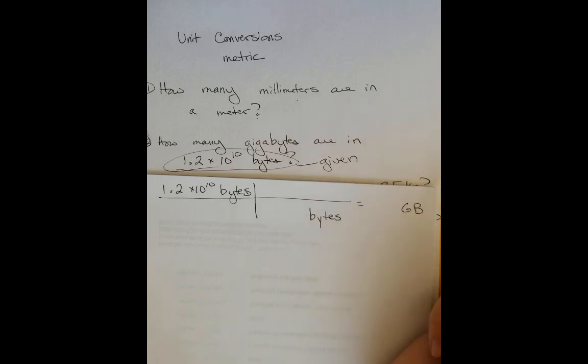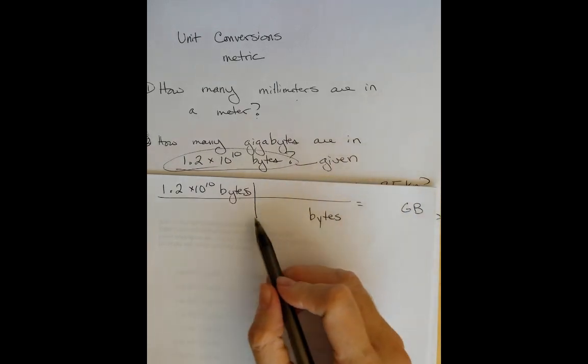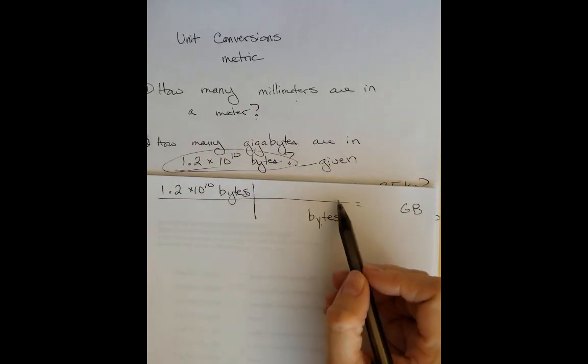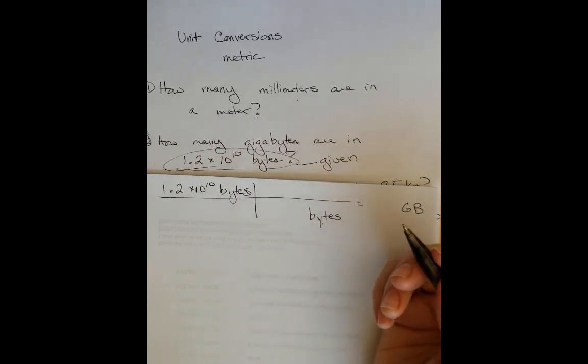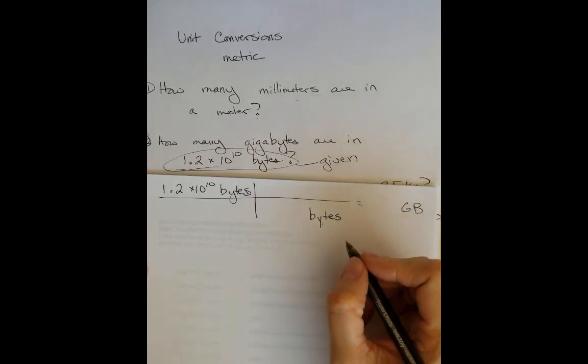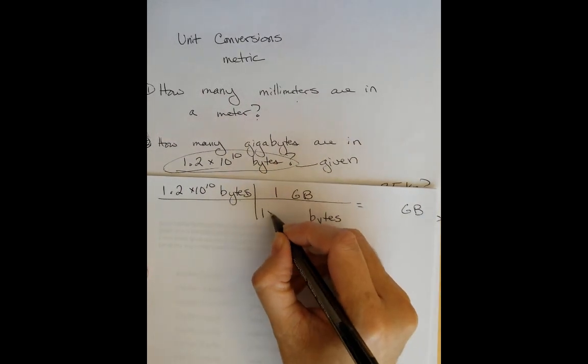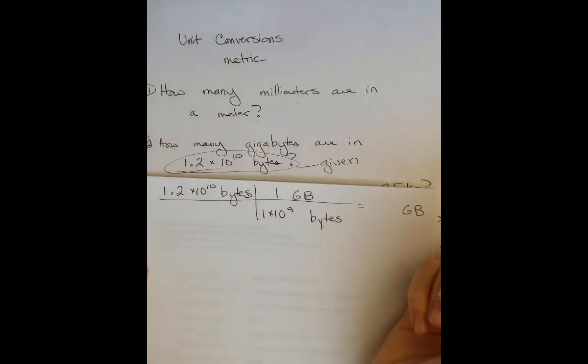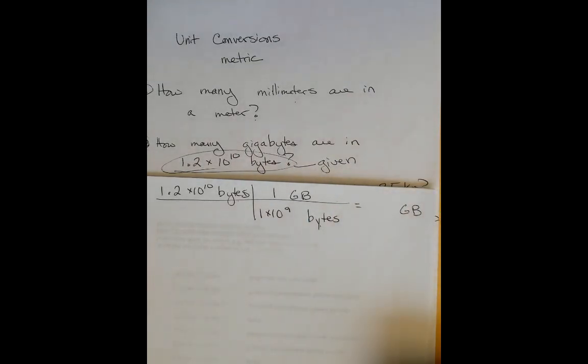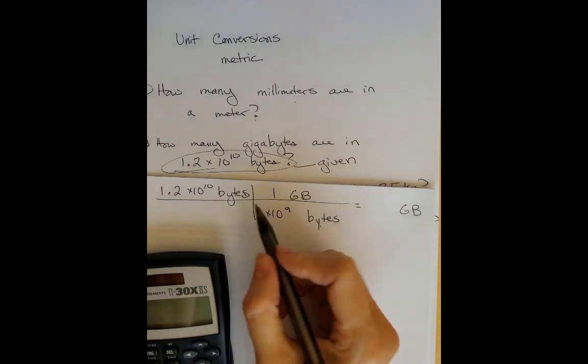So the question is, do I have one simple ratio that can go from a base unit just to gigabytes? And in this case, I do. So in order to get 1 gigabyte, that's going to be 1 times 10 to the 9th bytes, or whatever my base unit is. So then I'm going to go ahead and do my math.